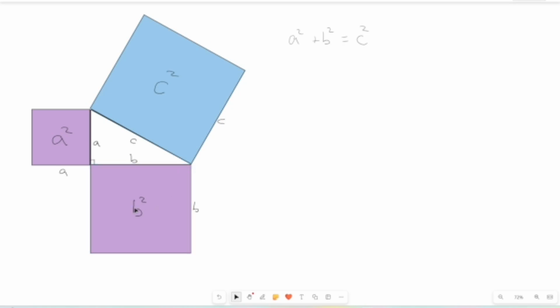I mean, you can see that C, or the blue square, is slightly bigger than this purple square B, and you might believe that if you chopped A, or this other purple square, into strips and laid them round the edge, it would actually give you a total area the same as the blue area.